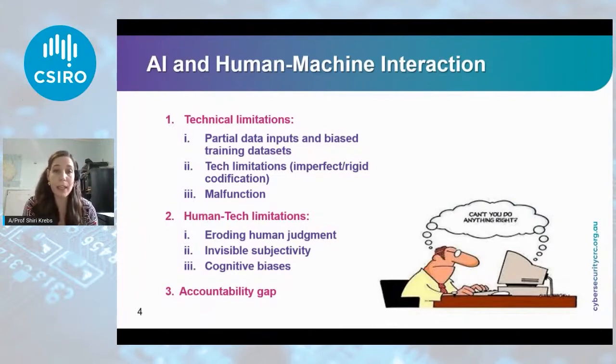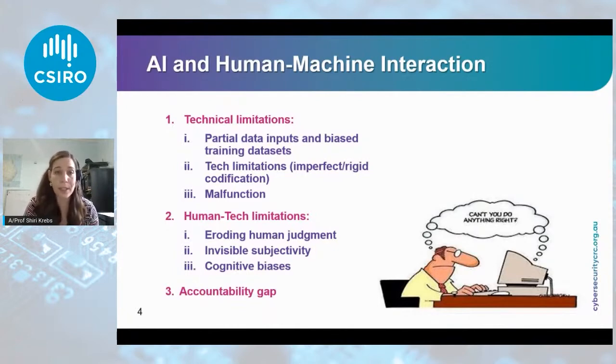And this really leads me into the second point about the human tech limitations, which is really about the eroding of human judgment. So the answer to the question, what happens if the technology malfunctions? Well, when the humans are now trained to trust the technology and just apply it on a daily basis, then our common sense, our human judgment become less robust than if we have to exercise this human judgment on a daily basis.